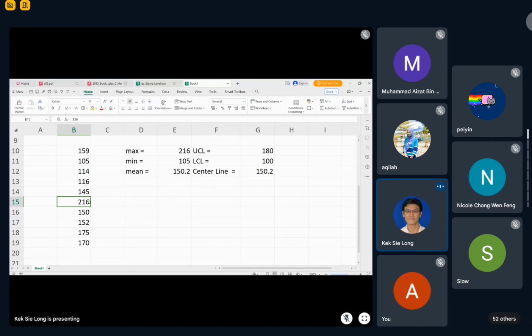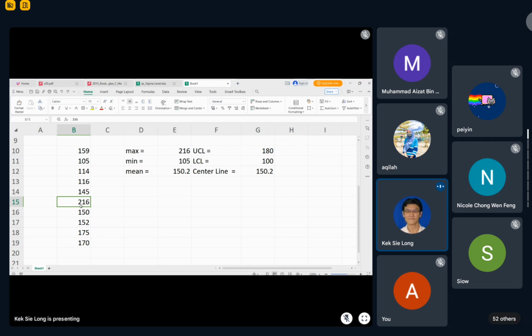You notice that this 216 is an outlier, where we say this value is outside the control region, it's not in the control limit, it's outside of the control limit. So this is what happened. The mean shifts from 140.2 to 150.2 if the value is greater than the upper control limit.